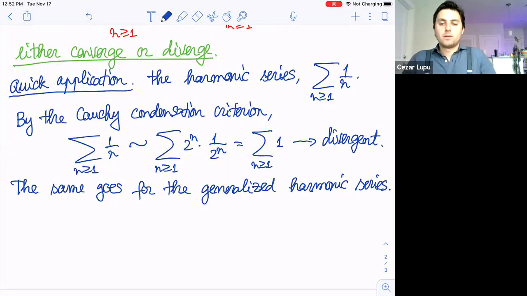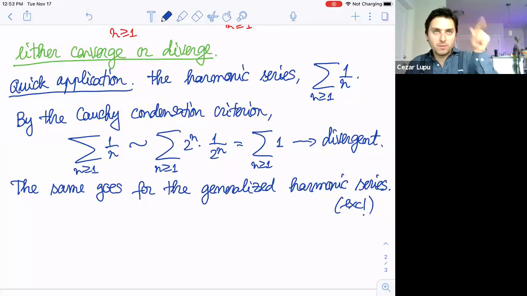In fact, I'll leave it to you as an exercise, because you'll have there 2 to the power (1 minus p) to the n. So that's a geometric series basically, and then you will see how to deal with it. I'll leave it to you as an exercise. Anyway, now I want to veer towards something else.